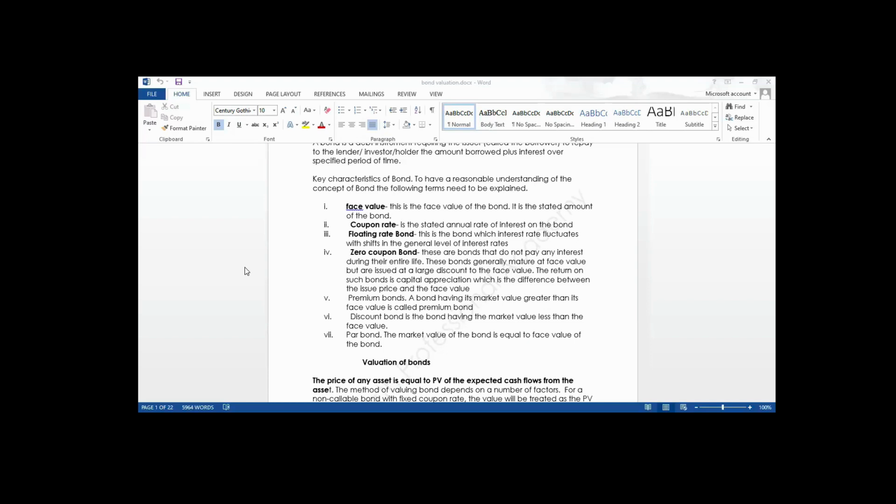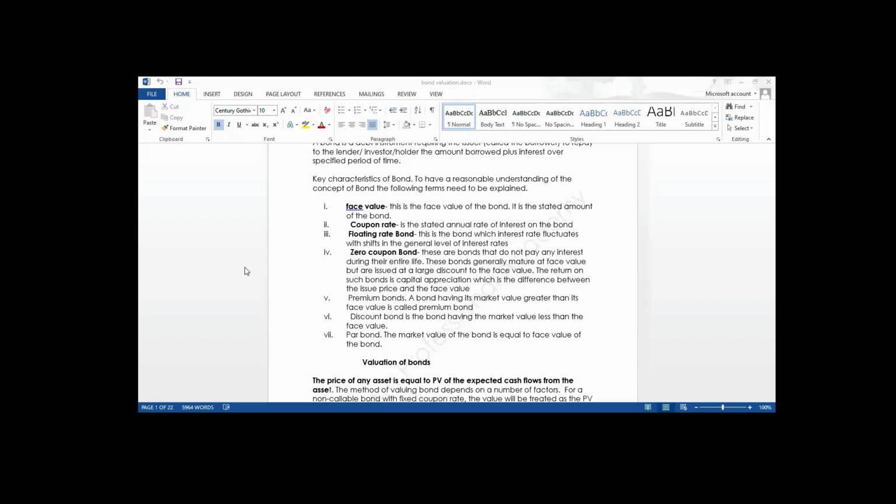Under this method, it is assumed that the convertible bond will not be converted to ordinary shares. So we are going to value as a debt because we are not converting to equity.